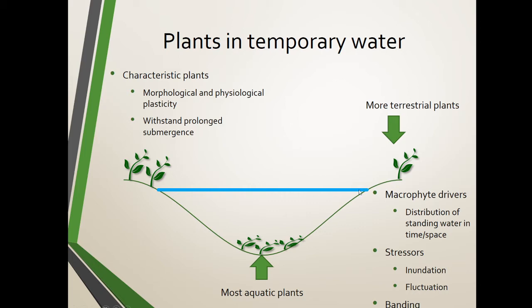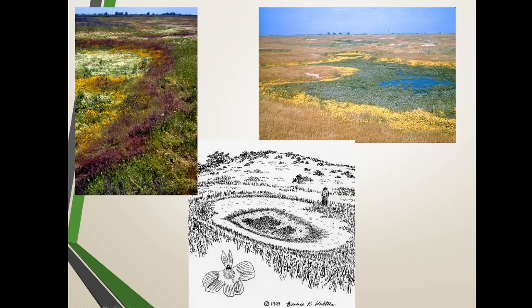Well, up here the wetland itself will be wet, not having those anoxic sediments, for just a little bit of time, but down here it might be wet for the majority of the year or a lot of time. So what you get is this banding pattern. These are California vernal pools that have these particular bands of flowers of different colors.